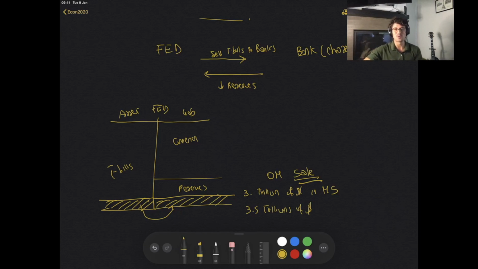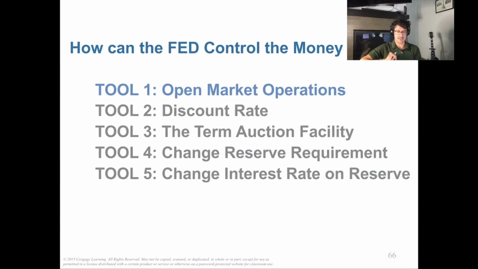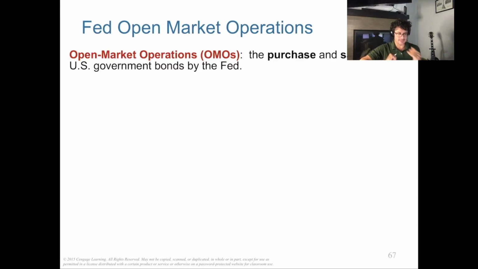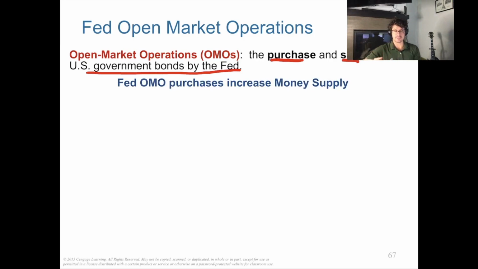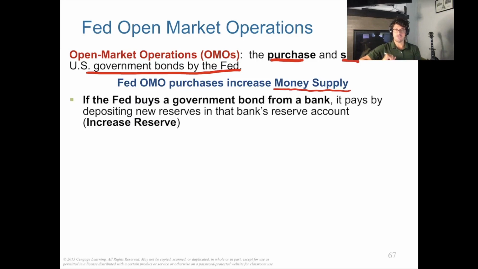So let us go back to our slides. Okay? So, open market operations. Open market operations are the purchase and sale of US government bonds by the Federal Reserve. In particular, open market purchases introduce money in the system. If the Fed buys a government bond from a bank, it pays by depositing new reserves in the bank's reserve account.